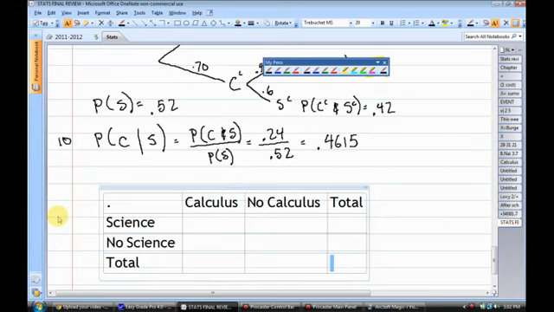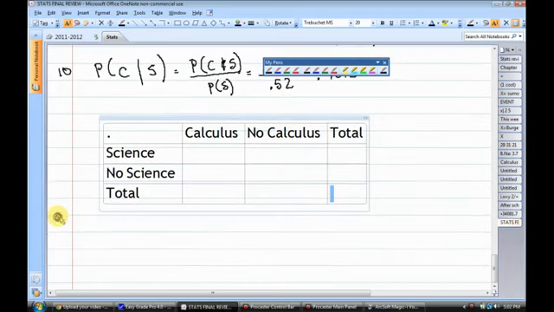So how many people can we start off with? In this one, it seems like we can do 100 people. Out of those 100 people, what percent of them took calculus? 30%, right? So 30 kids took calculus, 70 kids did not take calculus.